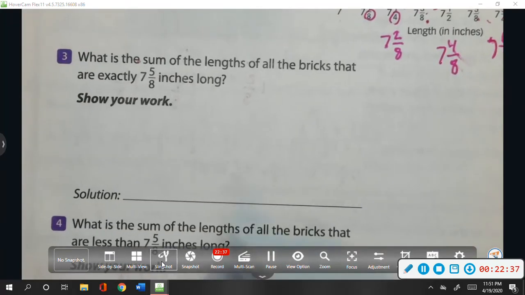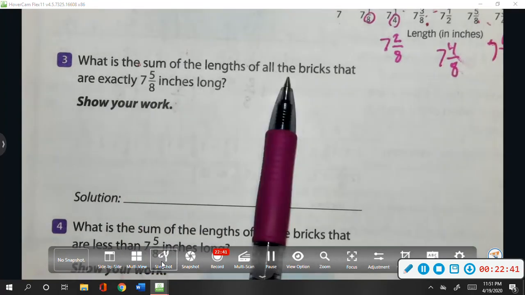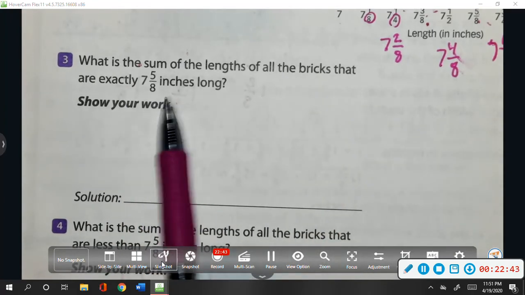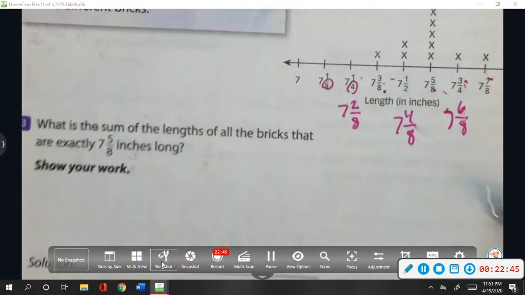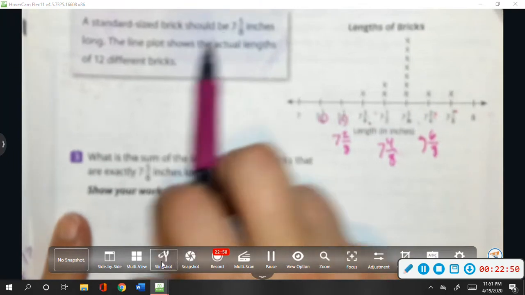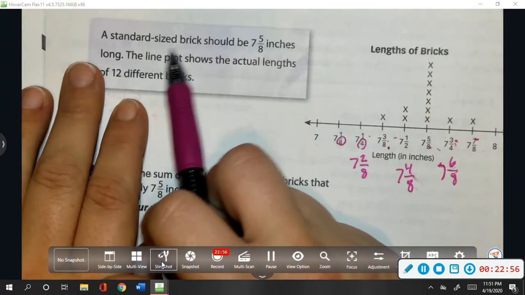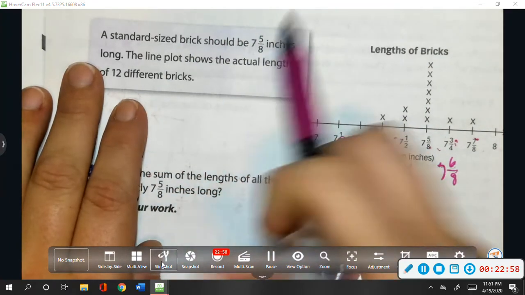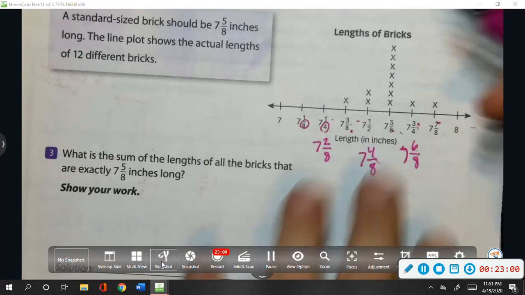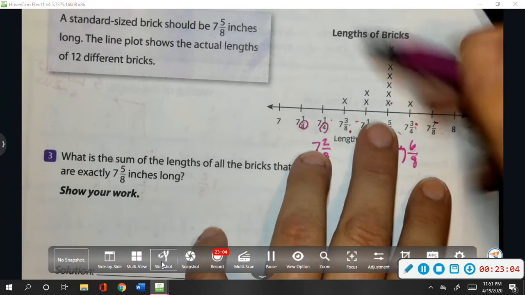Number 3 is wanting us to find the sum of the lengths of all the bricks that are exactly 7 5/8 inches long, which is what they're supposed to be if you've read up here. Remember, a standard size brick should be 7 5/8 inches. Well, how many were? Remember, each of these X's represents one of those bricks.